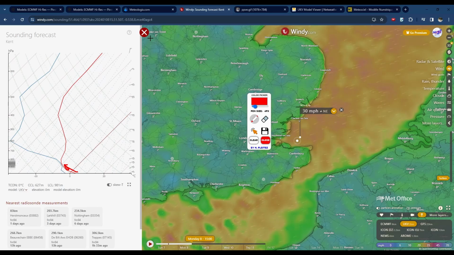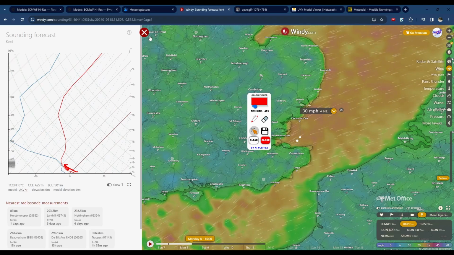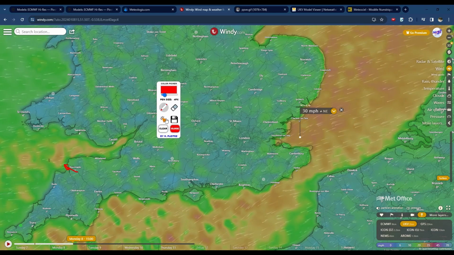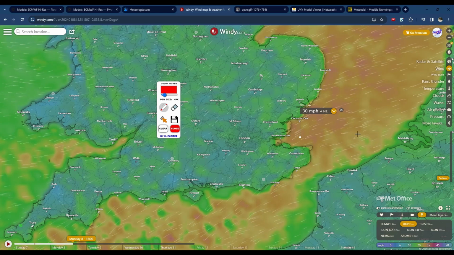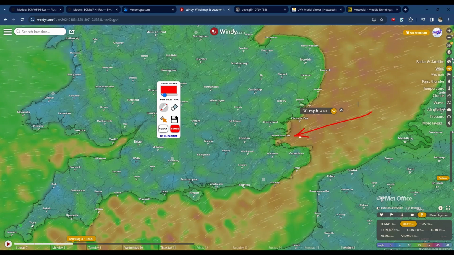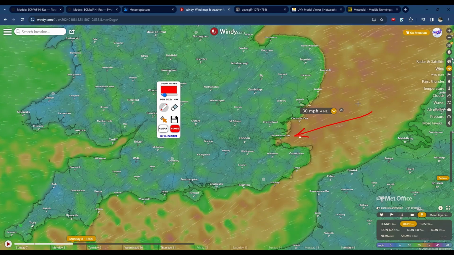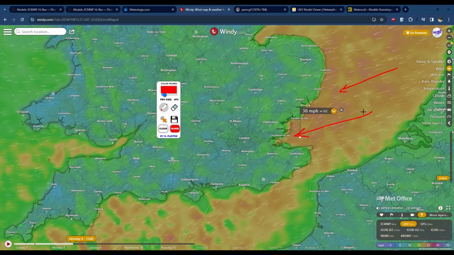Another interesting thing to do with the wind direction is the convergence that will develop. This is the UKV wind chart here, and we've actually got a fairly strong easterly wind across the southern part of the North Sea, around 30 miles an hour or so.